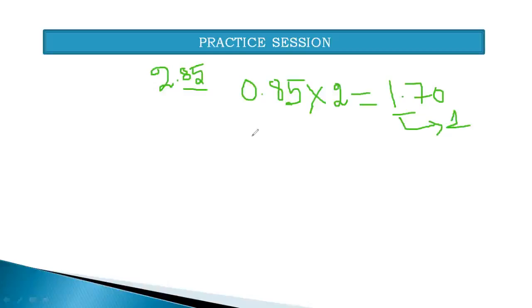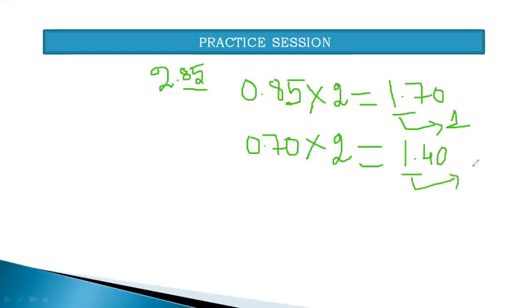So the new number after the extraction will be 0.70. Multiply the new number by 2. After the multiplication, the new number will be 1.40. Again, extract the value written before the decimal point, that is 1.